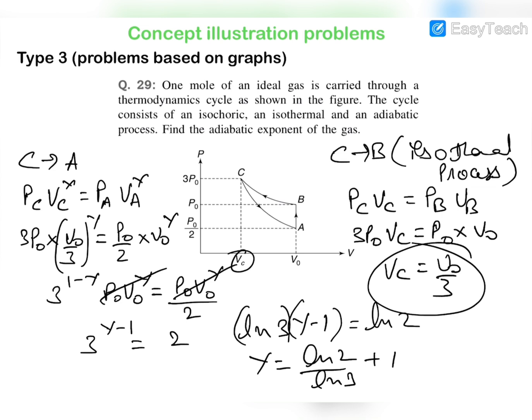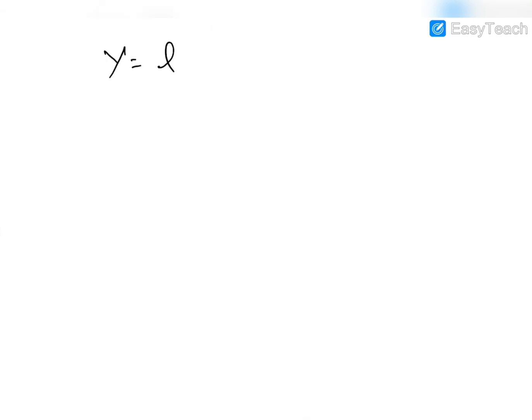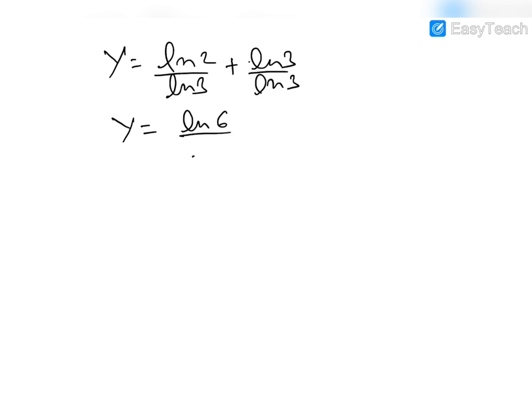And for ease of calculation, ln 2 by ln 3 plus 1 can be written as ln 3 by ln 3 plus ln 2 by ln 3, so gamma can be written as ln 6 by ln 3. So this is the value of gamma. Now we move on to the next question.